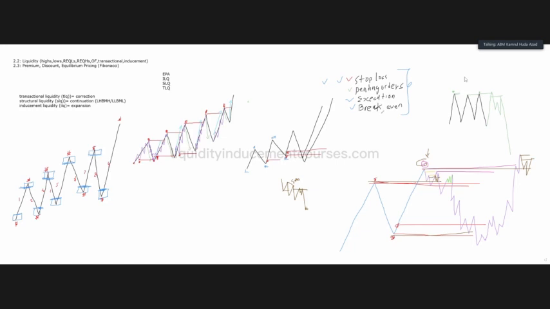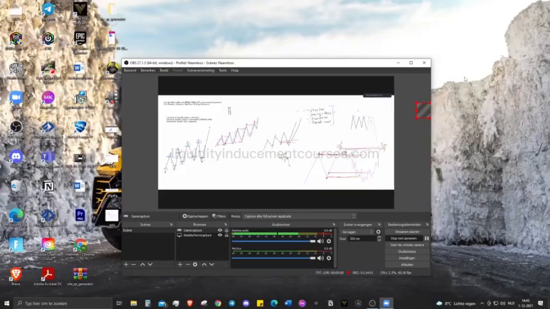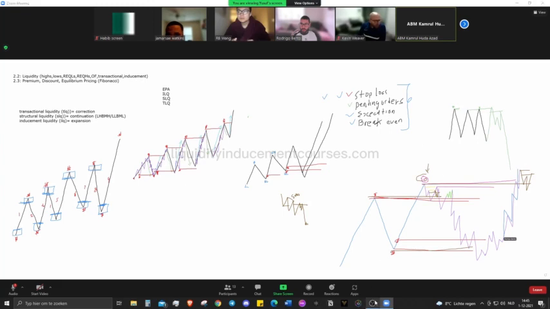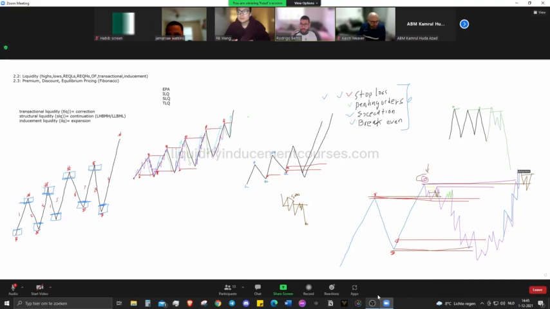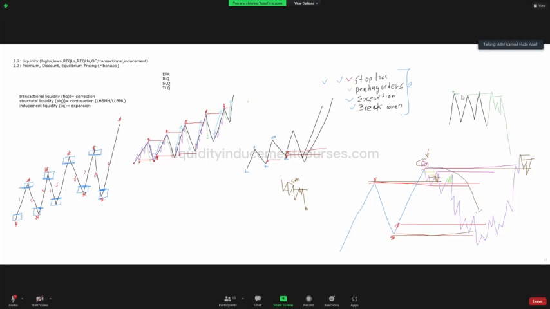Because if we approach transactional liquidity like this, liquidity has been taken. You're looking for a sell opportunity. Yes, but in getting your sell opportunity, all you need is a delivery like this. You need an MSU, an efficiency, all the rules you'll be given to still get into that trade.